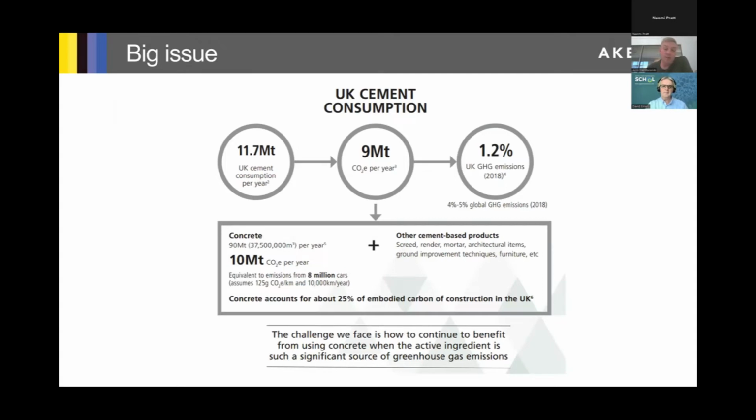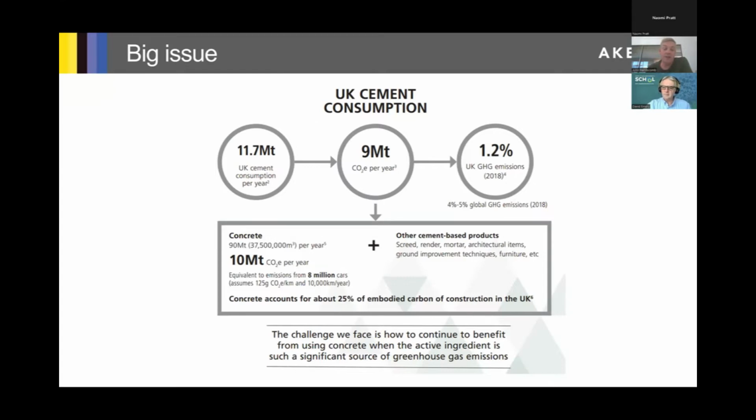And why is this important? I think Dave touched on this, because our use of cement within the UK is significant, and whilst concrete is a very agile material, has very good design life, it's good for structural strength, acoustics, fire, so has many positives.